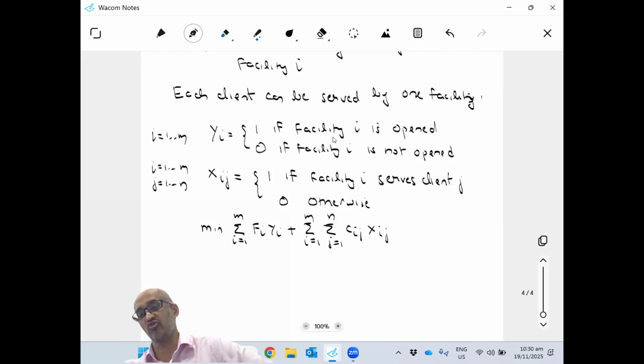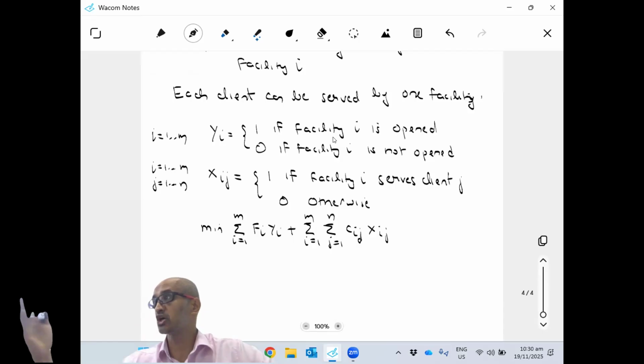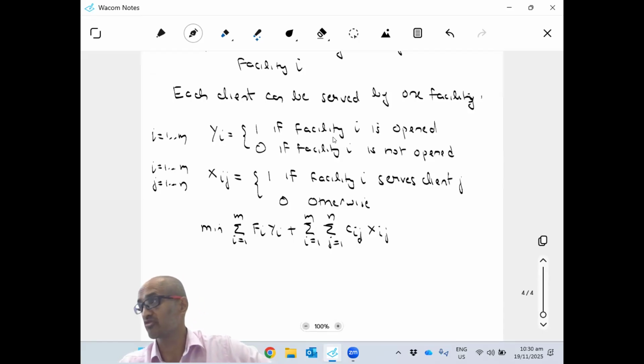Every time yi is 1, I have a fixed cost. When xij is 1, I pick up the cost of serving client j with facility i. And these are all linear costs, basically, in terms of the variables x's and y's. That's a linear function.